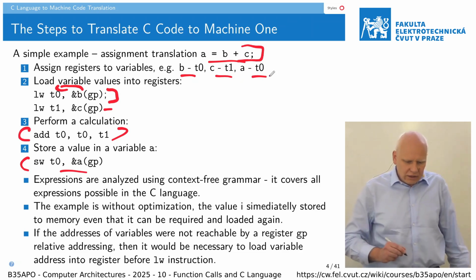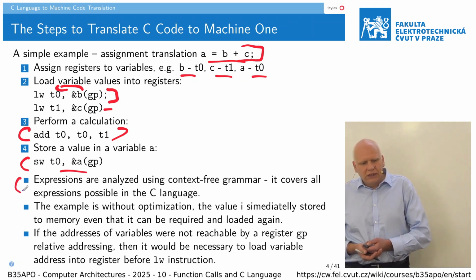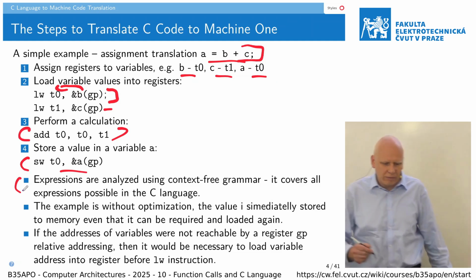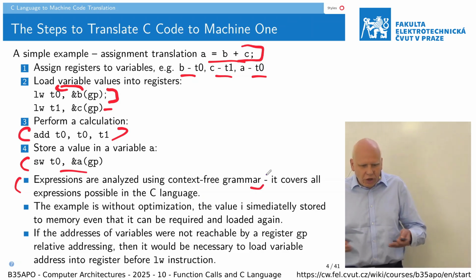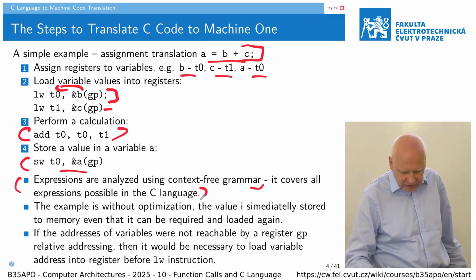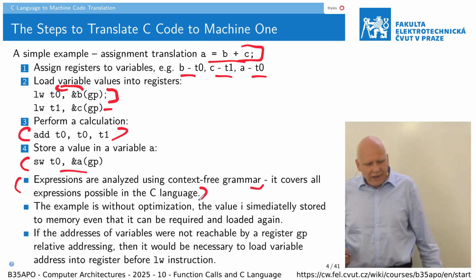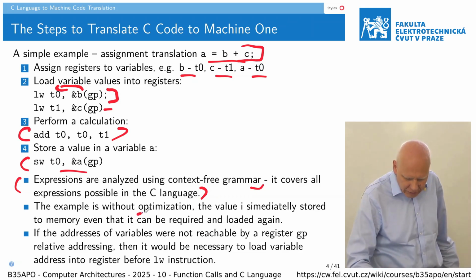And the actual translation is done through the description of the C language through some context-free grammar, which covers all the expressions which are possible to be written in C language. And this example is completely without optimization.